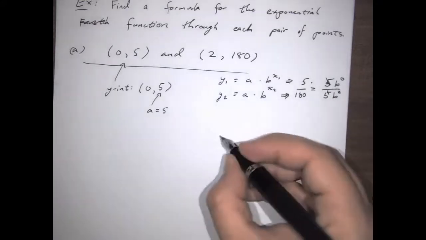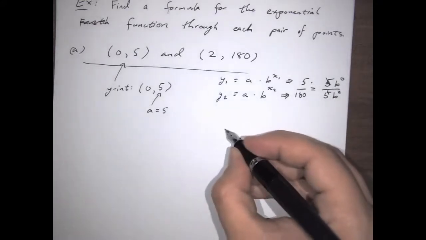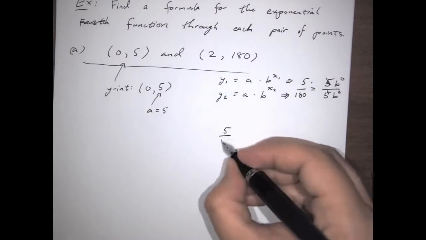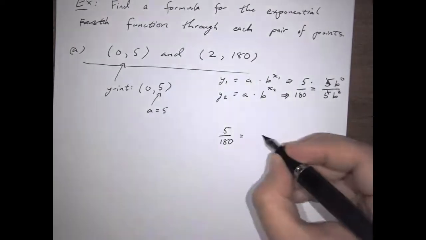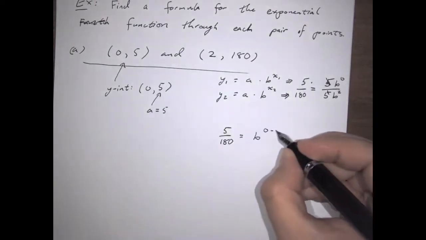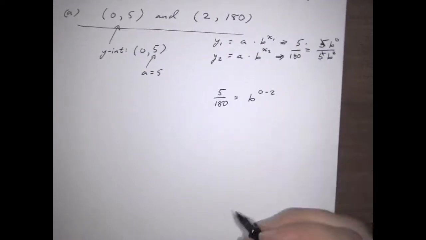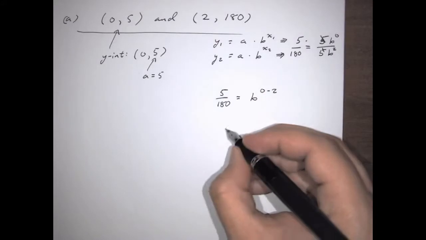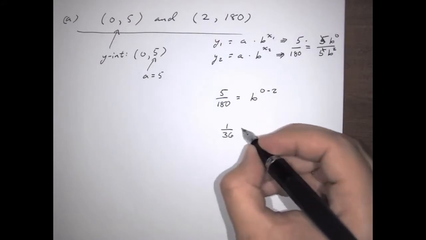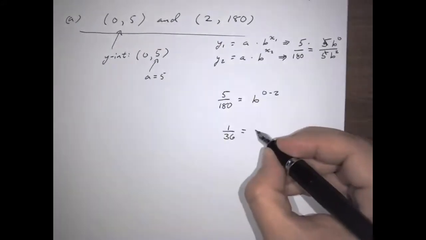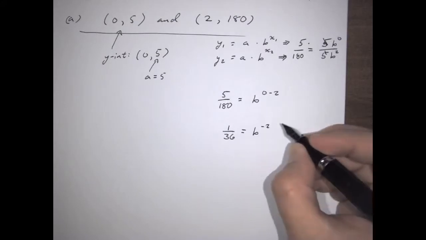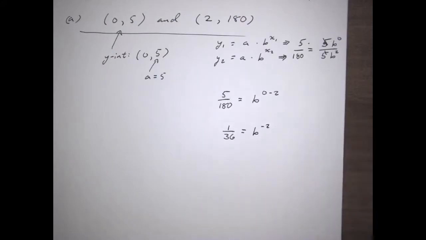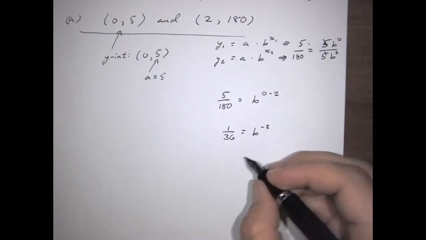Let those cancel each other, and so what I've got is 5 over 180 is equal to b to the 0 minus 2. But these actually have a common factor of 5, so this is actually 1 over 36 is equal to b to the negative 2. So then I raise both sides to the negative 1/2.